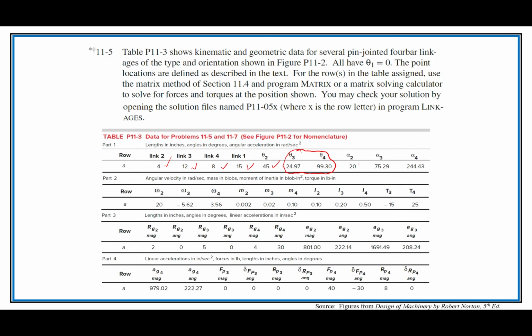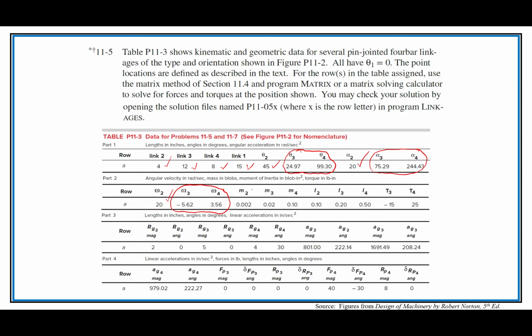So kind of weirdly, he decides to go with alpha 2 right here before he goes to omega 2. But with just the omega 2, we could find omega 3 and omega 4, and we could find alpha 3 and alpha 4 if we knew those omegas and we knew alpha 2.